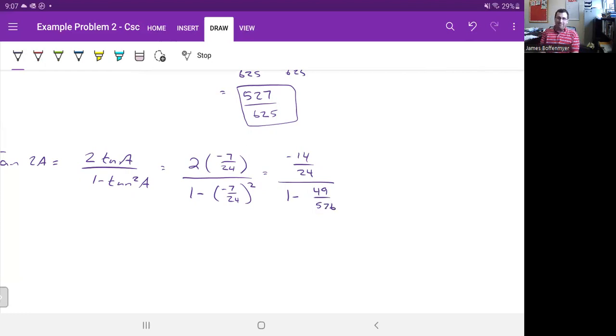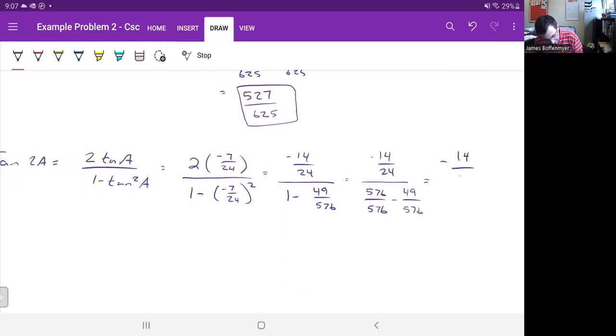Yep, there's some funky numbers again. So negative 14 over 24 divided by, now the bottom, we got to find the least common denominator. 576 over 576 minus 49 over 576.